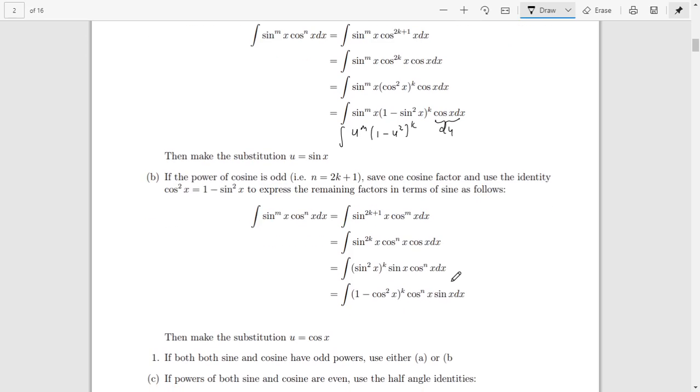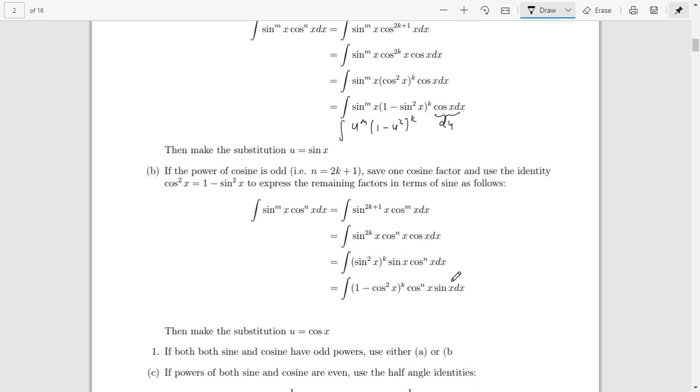On the other hand, if the power of sine this time is odd, that means we have that m is equal to 2k plus 1.